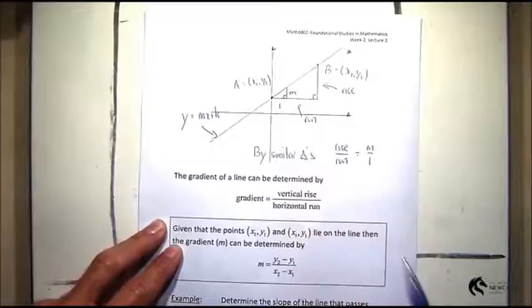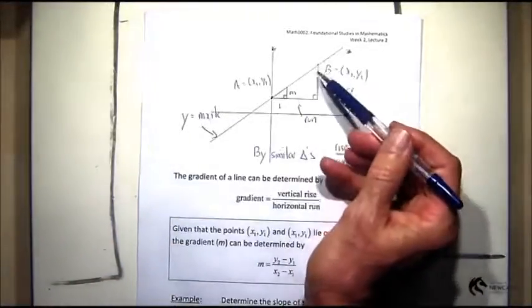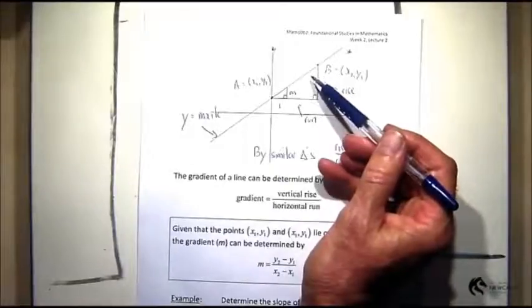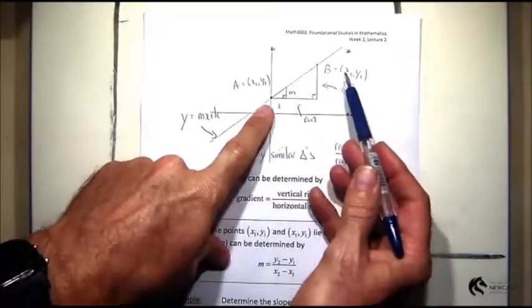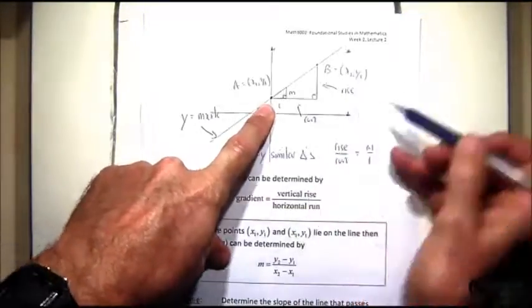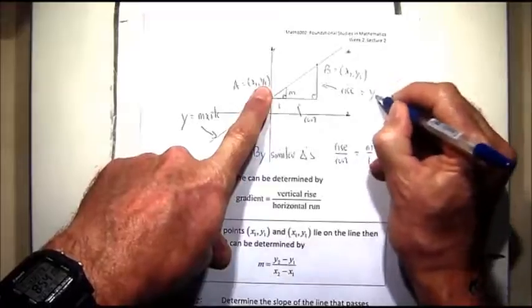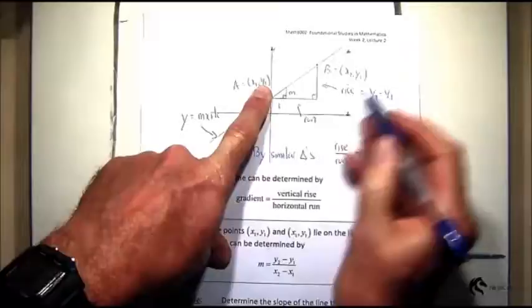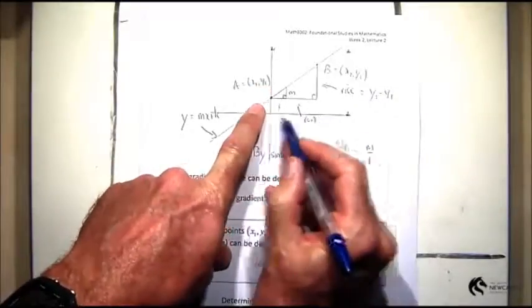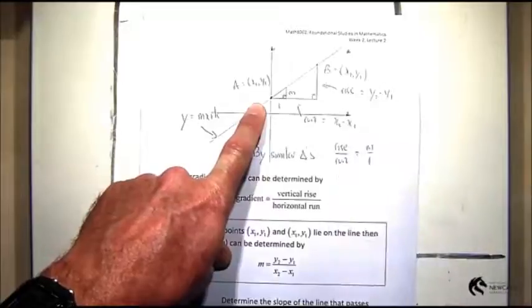So in other words, I can work out the slope. If I know 2 points on the line, they don't have to be separated by 1 unit, they can be separated by any amount, then I can work out the slope because I know the rise, it's how much the y value has changed. The rise is y2 minus y1, and the run is x2 minus x1.